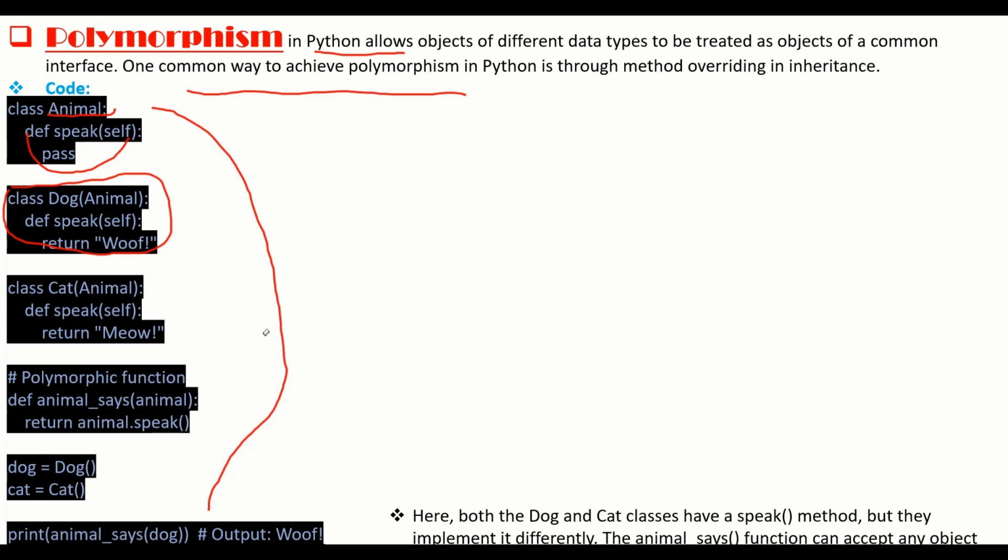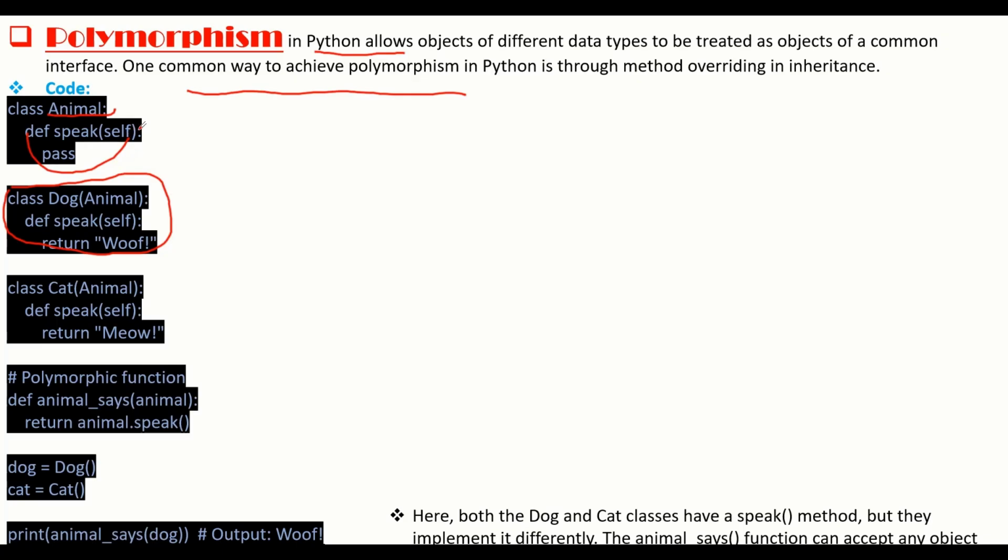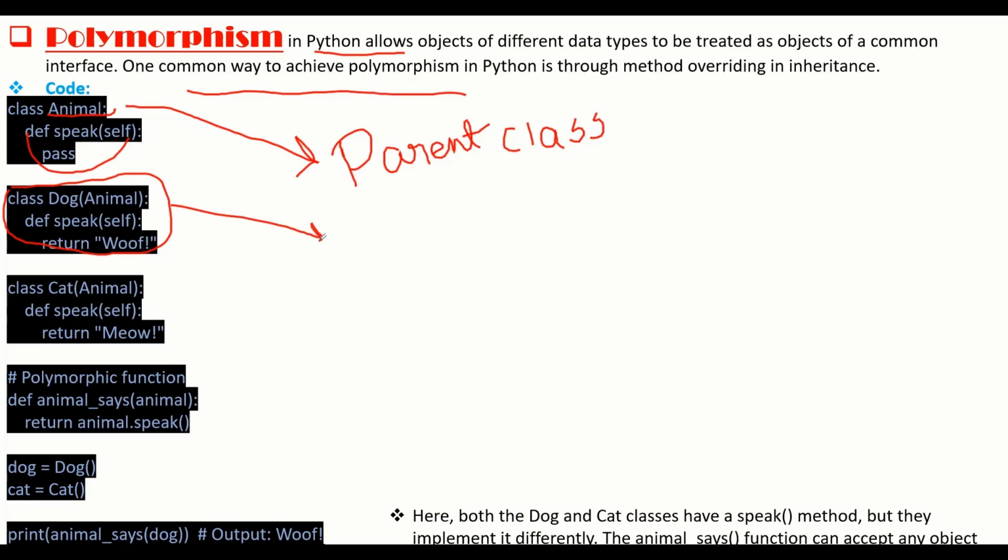First we will erase it, and what is this? This is our parent class. So we will write here parent class. So this is our parent class, and this is our child class.